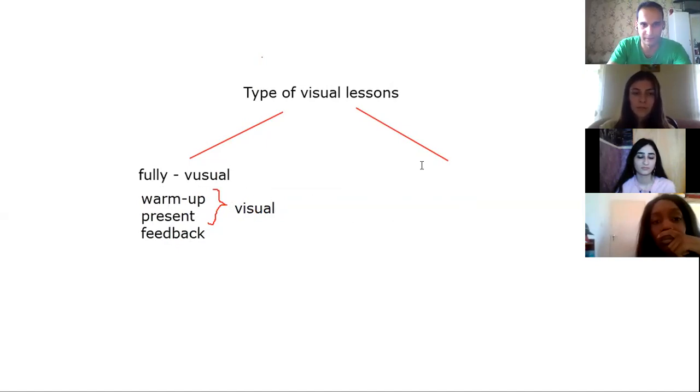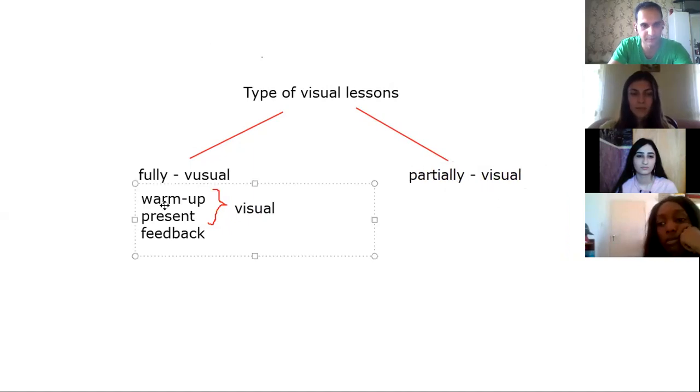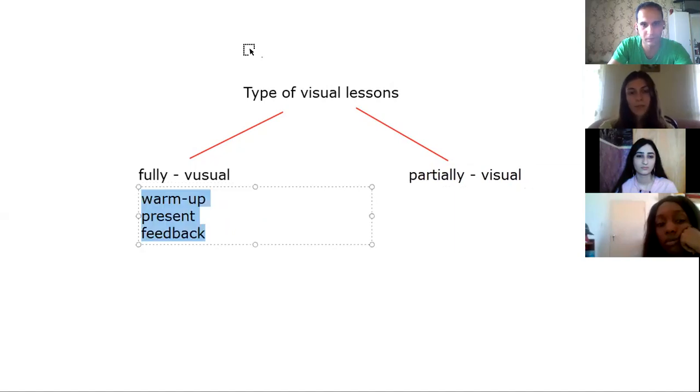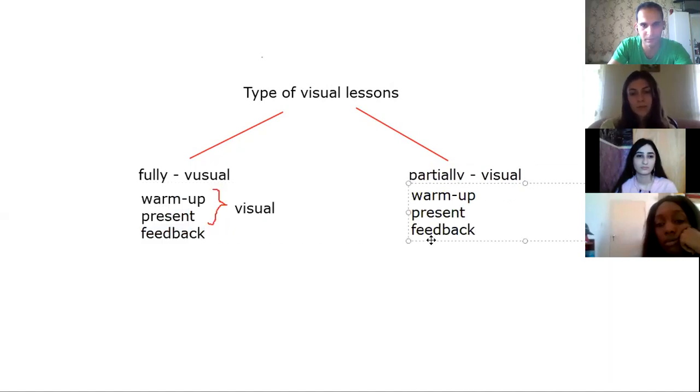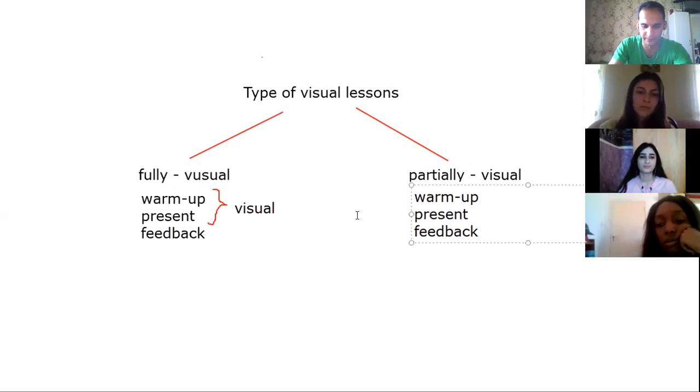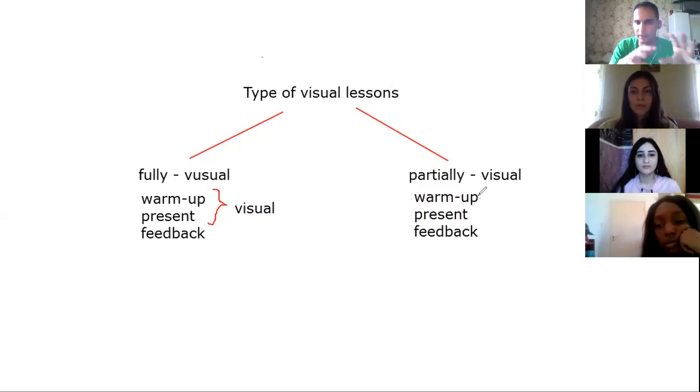And the second type is partially visual. In this type of lesson, let's copy it. Boom. We have warm up. We can have it as visual or not, it's up to you. But mainly we have some other warm up in a partially visual one.